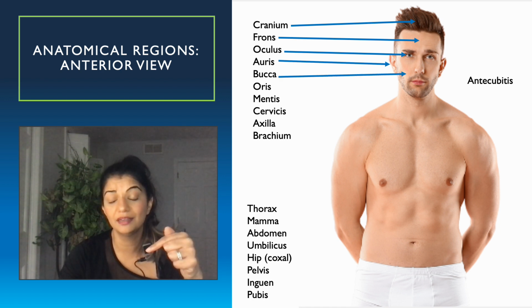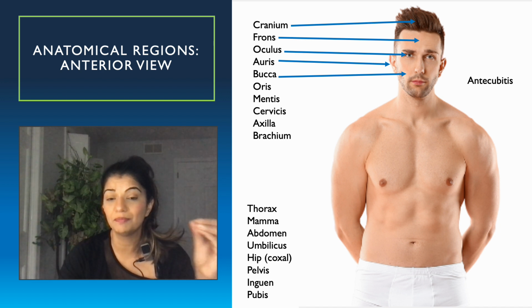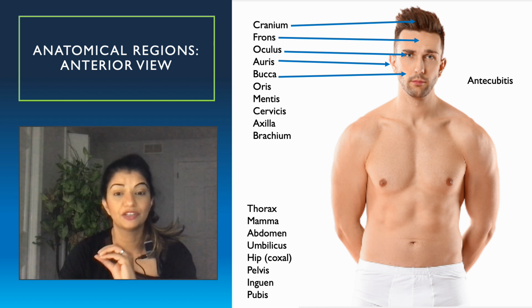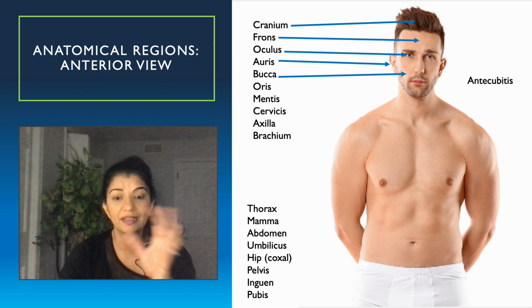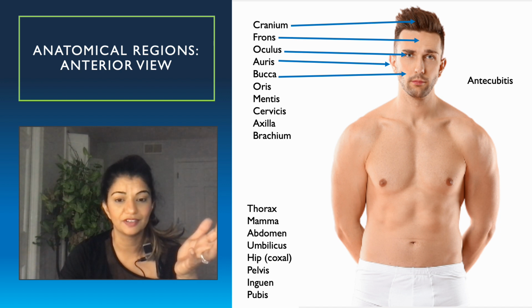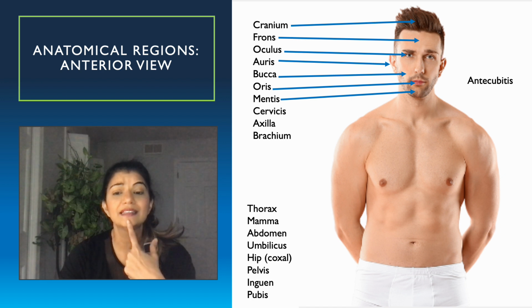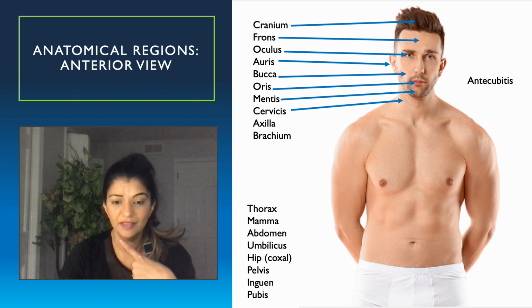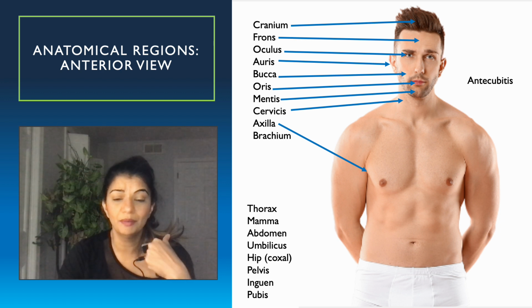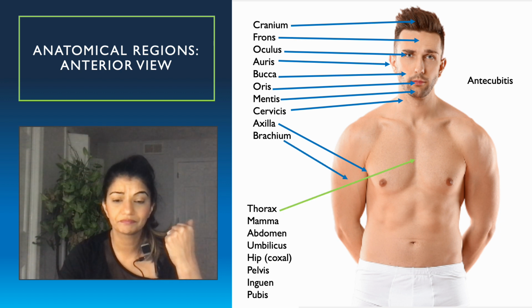Now, some of these terms you need to know because they're actually going to be part of the nomenclature around muscles. Bucca is one of them, for buccinator, for example, right? Oris is going to be around your mouth. Mentis is your chin. Cervicis is the neck area. Axilla, I think you probably know, is your armpit area. Brachium.